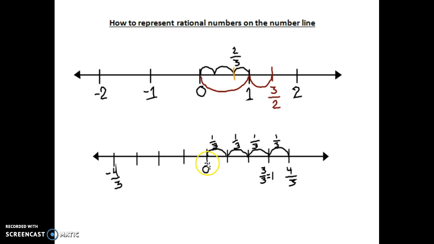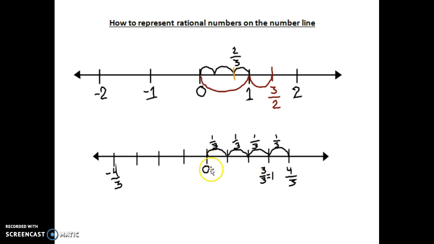So if we move to the right of O, this one will be the first point. This is the point 1 upon 3. This is the second point, it will be 2 upon 3. This is the third point, it will be 3 upon 3, that is 1. And this is the fourth point, that is 4 upon 3. So now we have got our point, that is 4 upon 3.